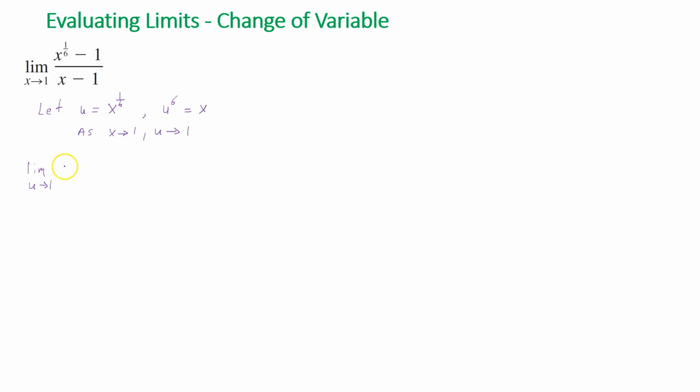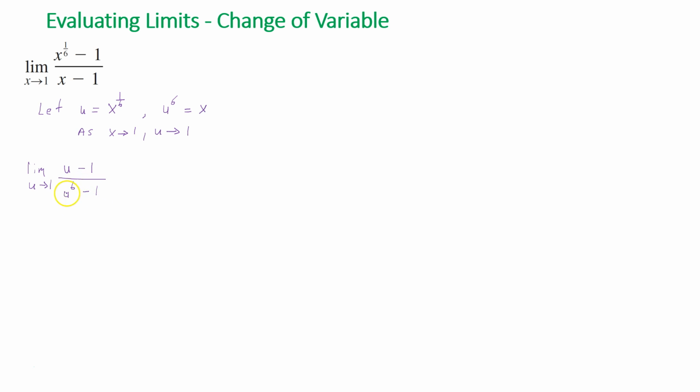So it's going to become u minus 1 over, so now the x is going to become u to the power of 6, so u to the power of 6 minus 1. Okay, so we have an expression in terms of u now, which is similar to the original expression. Now, this expression is easier to work with because we're able to factor the bottom.